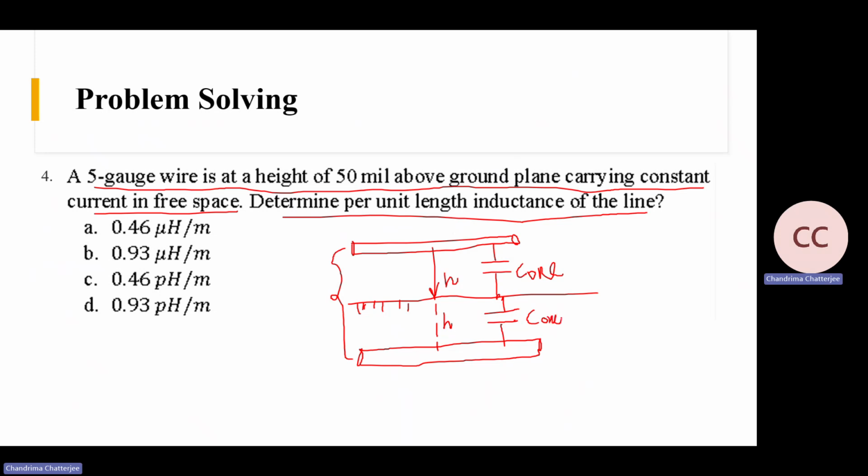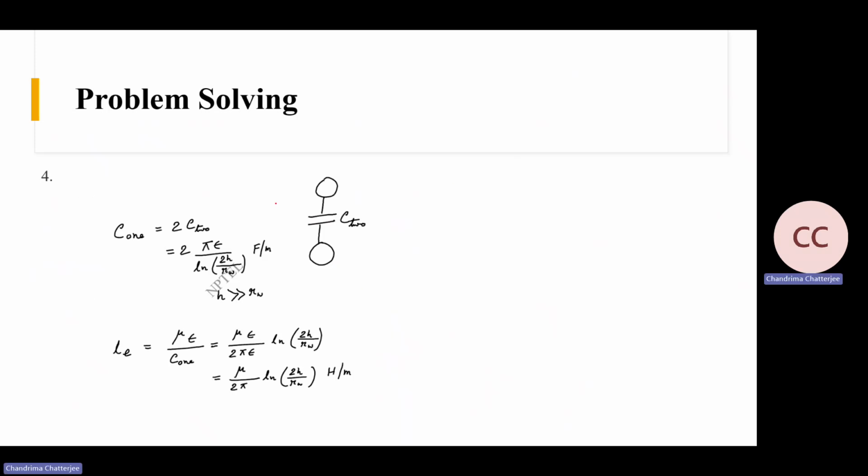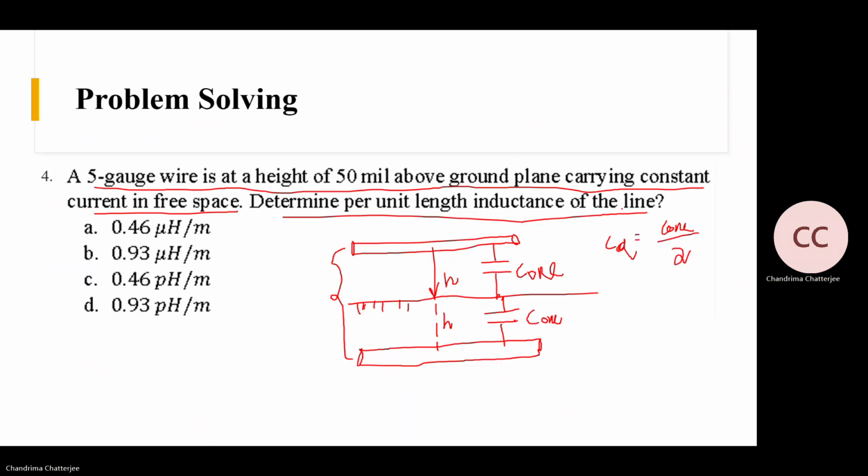Then what is the equivalent capacitance? The equivalent capacitance C_EQ is C1 by 2. So that's what is written here. C1 is twice of C2, where C2 is the equivalent capacitance.